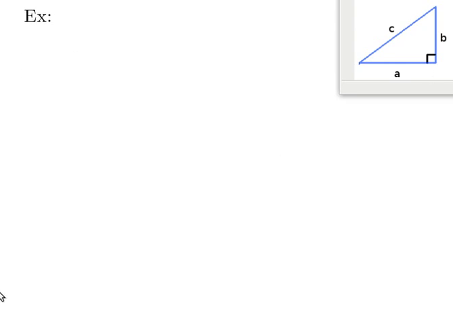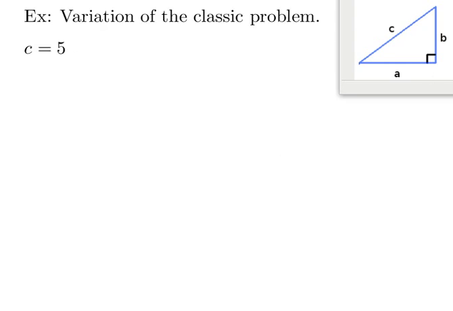So let's say we know that C equals 5 and B equals 3.